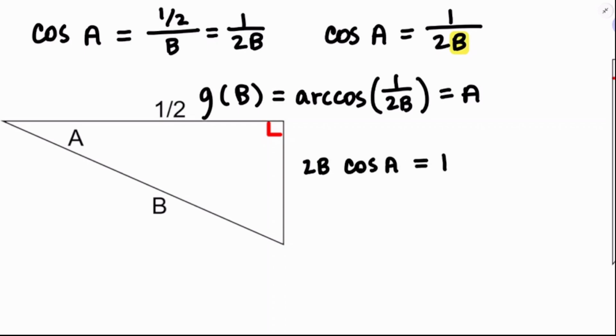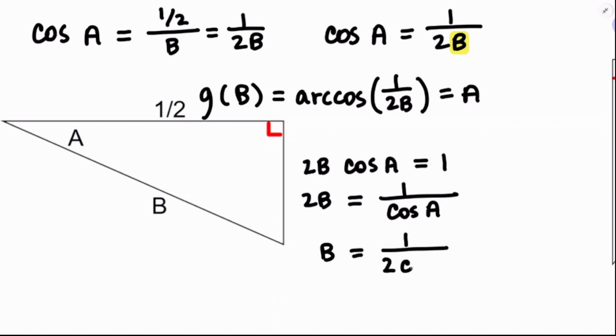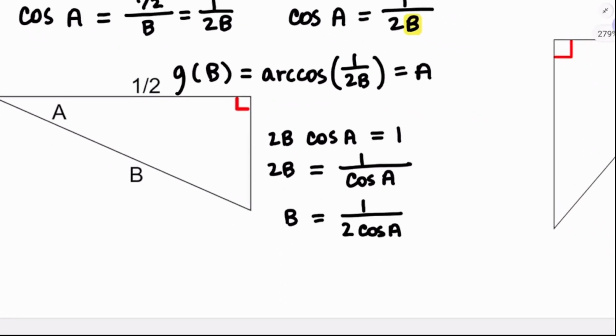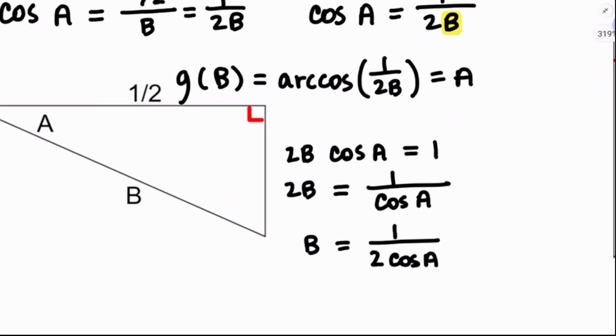Then I'm going to divide both sides by cosine of A: 2B equals 1 over cosine of A. Then I'm going to divide both sides by 2. So that's 1/2 times 1 over cosine of A, so it'll be 1 over 2 cosine of A. That would be a good solid formula for B in terms of A.